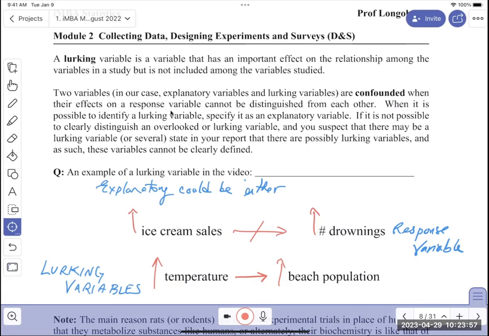But anyway, to study this, an explanatory variable could be either temperature or beach population. You think about it or look at them both, but obviously they are related, so you'd study them independently or the relationship between them.